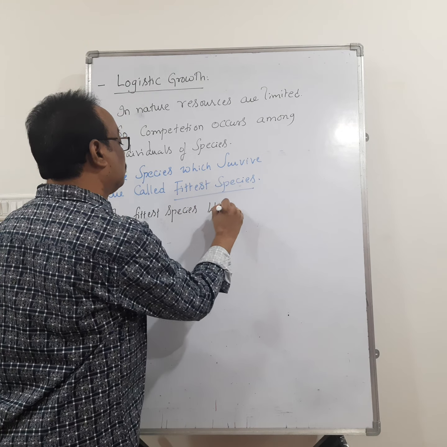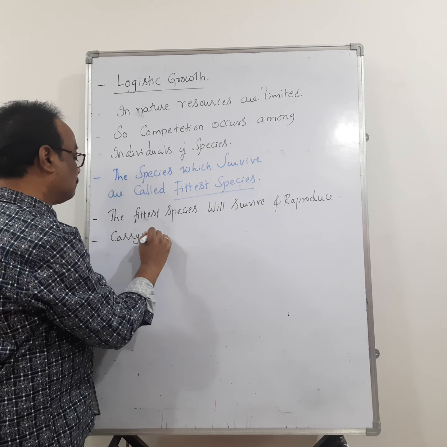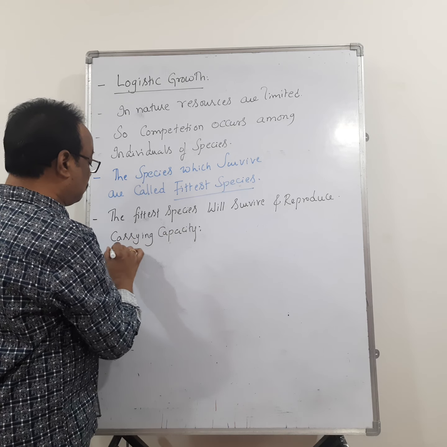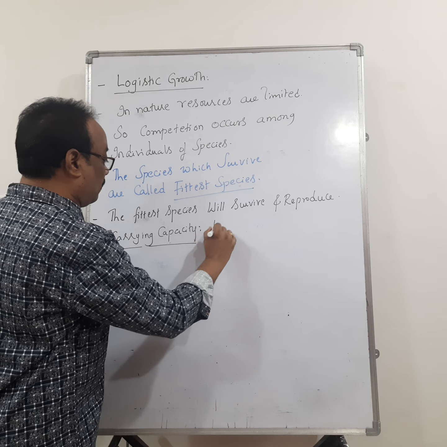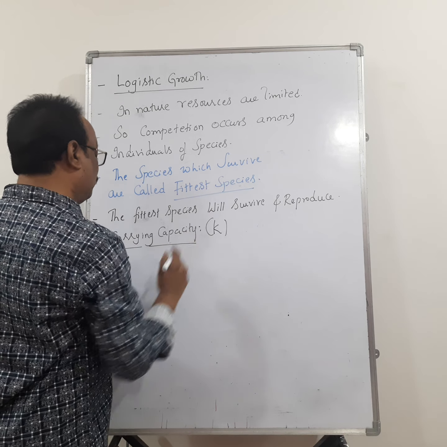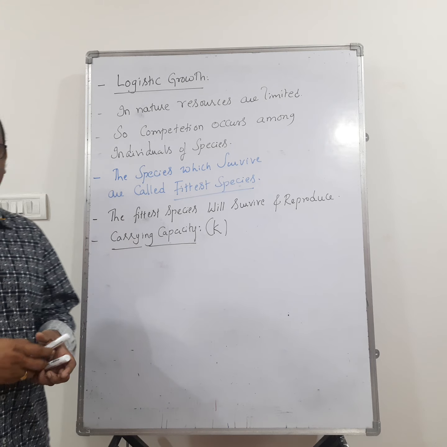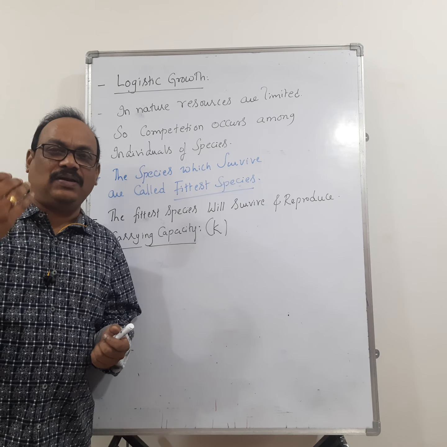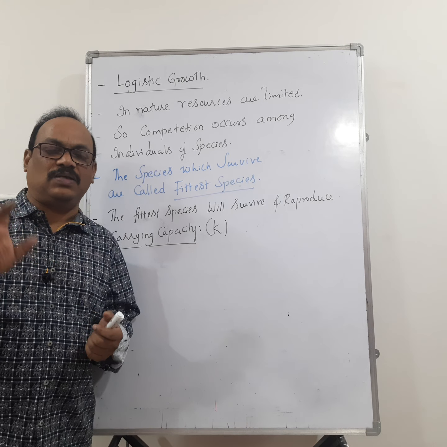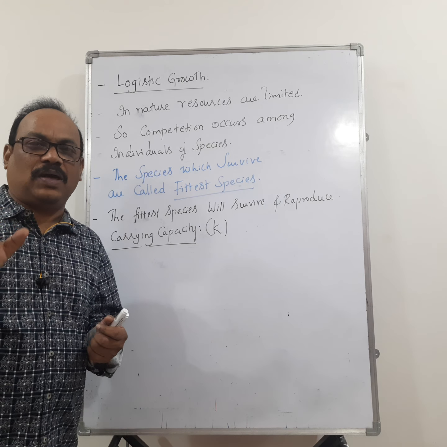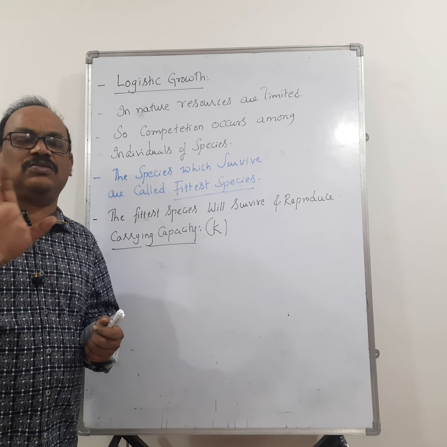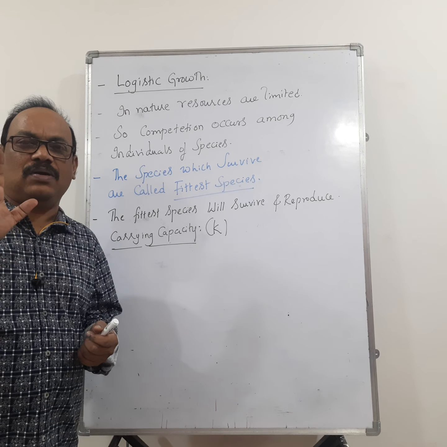So there is one definition called carrying capacity, which is denoted as K. What is the definition of carrying capacity? If you take any habitat, it has enough resources to support only a limited number of individuals.